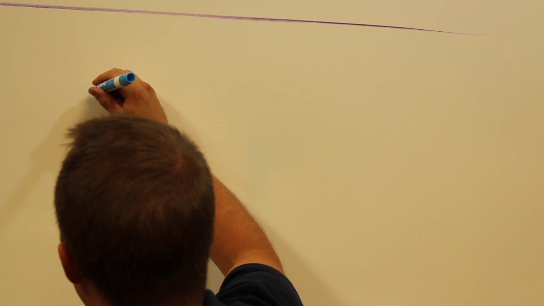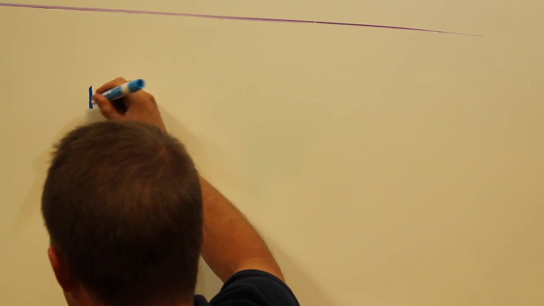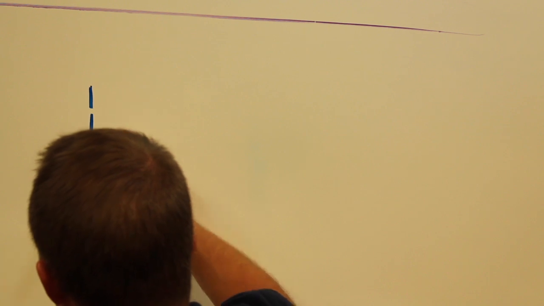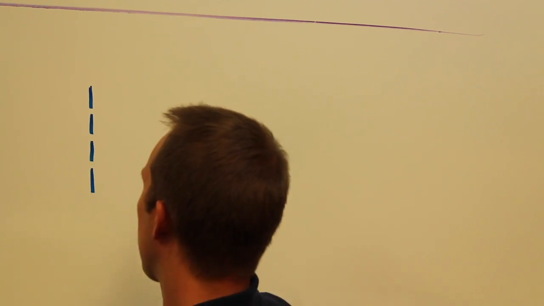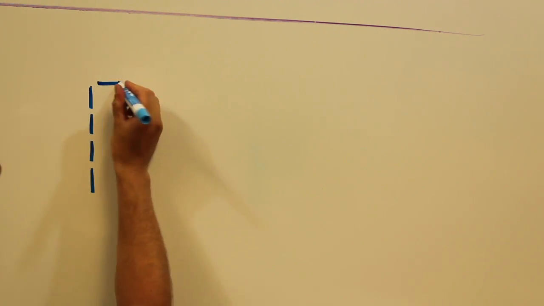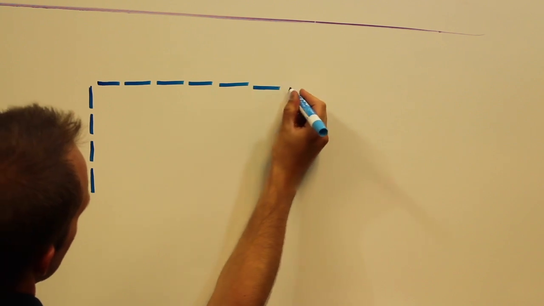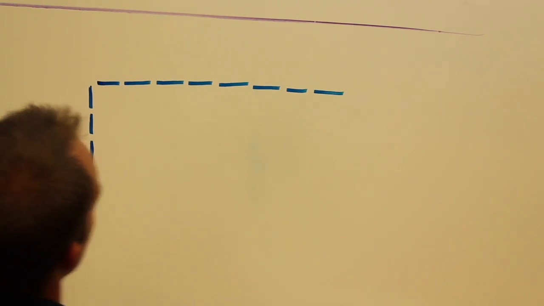Again, we're dealing with 4 times 8. So what we're going to do, and this is more like a visual representation of the problem, we've got 4 rows and then we've got 8 crayons in each row. So 1, 2, 3, 4, 5, 6, 7, 8.